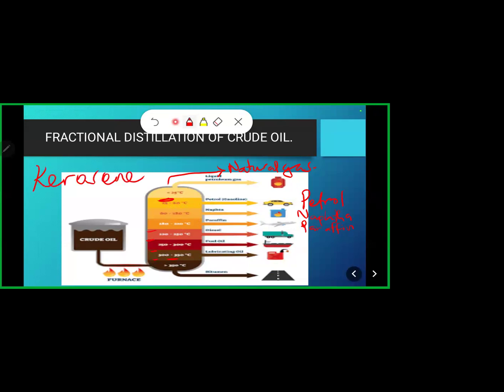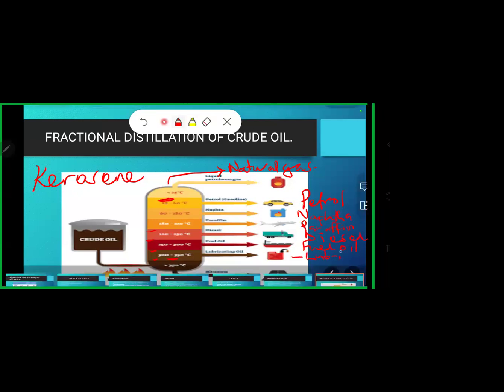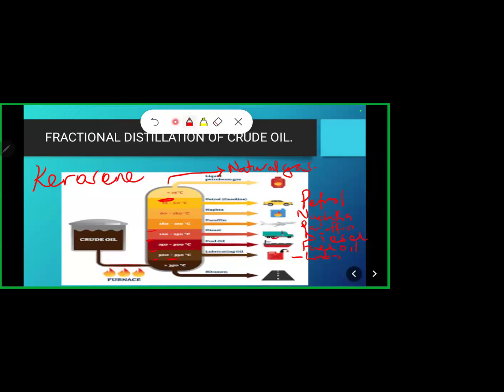And then the next one is diesel. The next one is fuel oil. The next one is lubricating oil. Then the last one is bitumen.